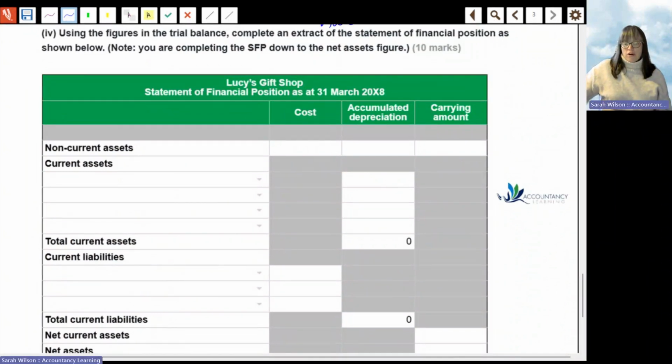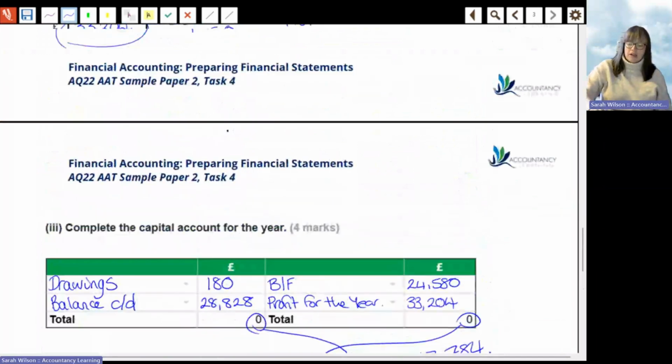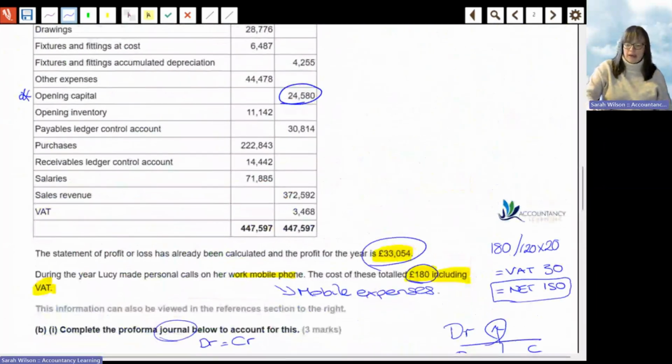Then next and following on for the final part of this task then is using the figures in the trial balance, complete an extract of the statement of financial position as shown below. So now we need to fill all of this in. So let's have a look at what we were given for non-current assets and current assets. So let's go through our TB.